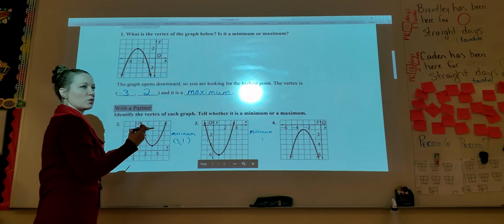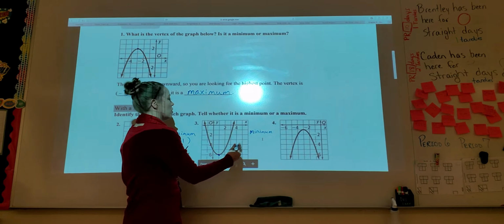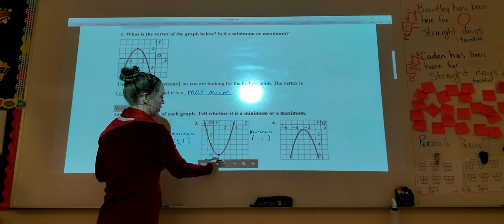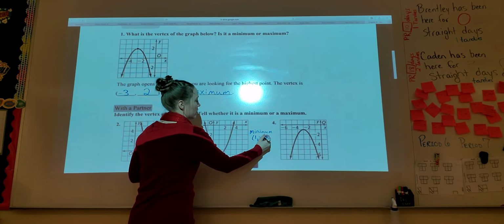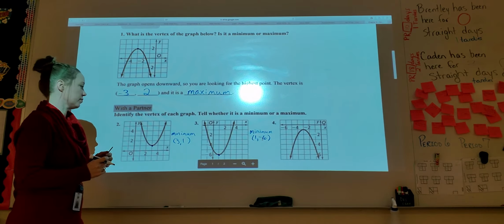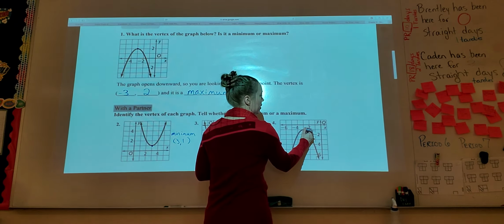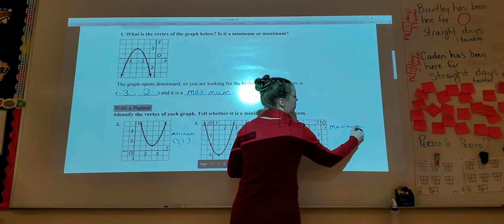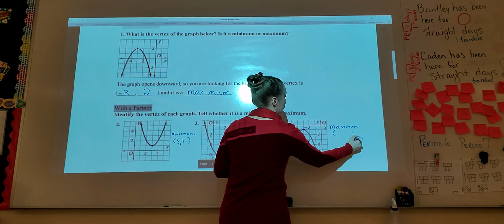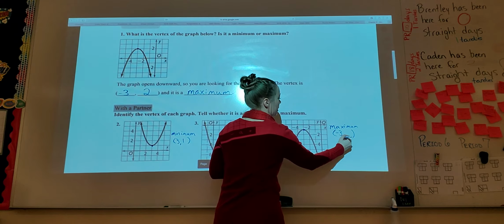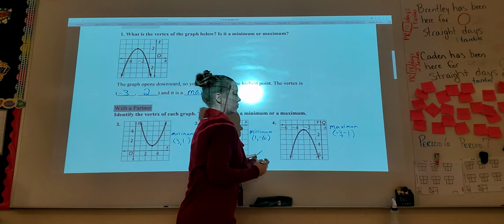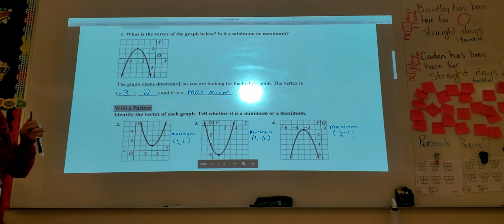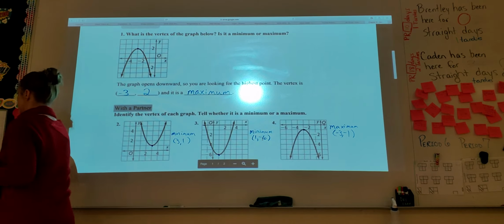The lowest is always like the minimum. So the ordered pair for it is going to be 1, -6. And then number 4 was a maximum. And it was at point -3, -1. Hopefully you got those all right. We're going to go ahead and move on to the next page.